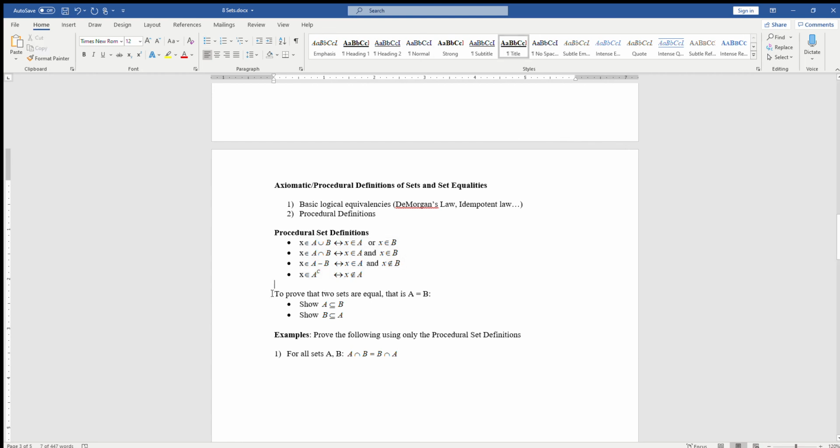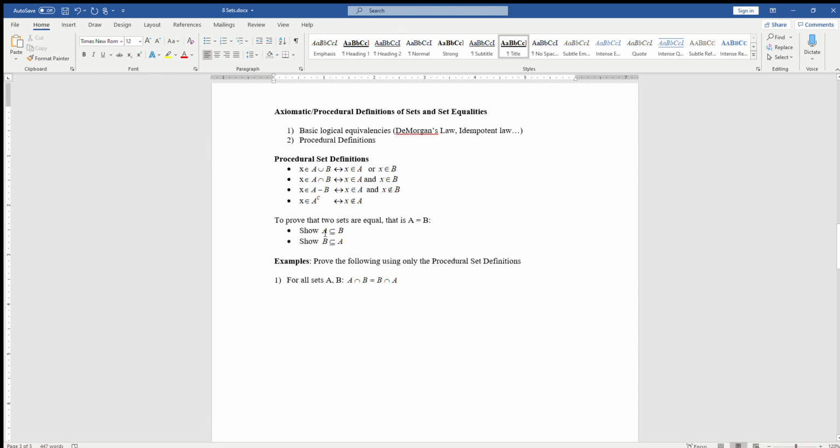So finally, to prove that two sets are equal, that is set A equals B, first we're going to have to show that A is a subset of B, and what that means is that all x in B is contained in A. And then we'll also have to show the converse of that.